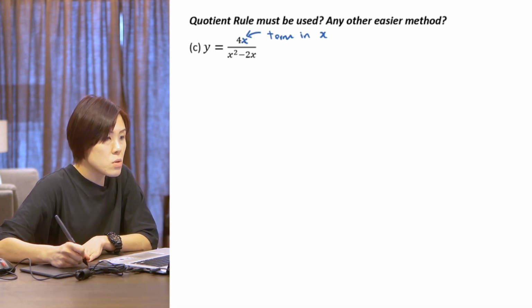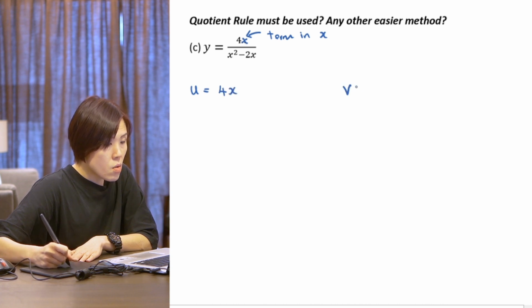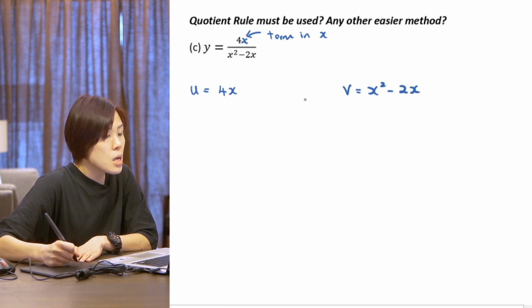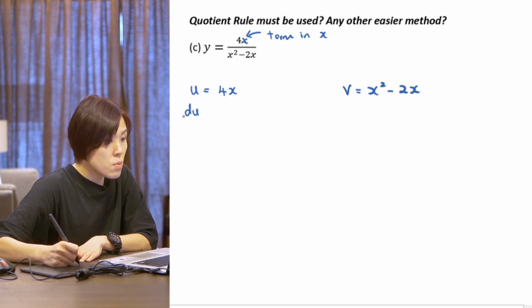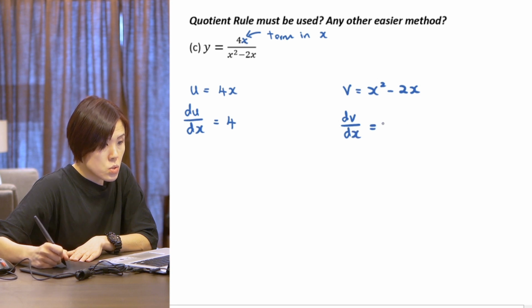So in order to use quotient rule, I will need to let u equal 4x and v equal x squared minus 2x. So we will have du by dx equals 4 and dv by dx equals 2x minus 2.